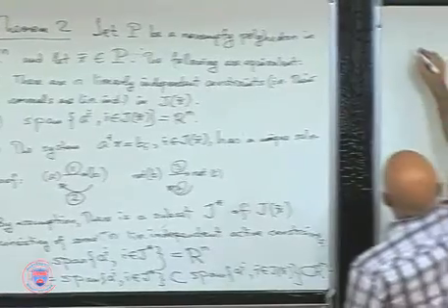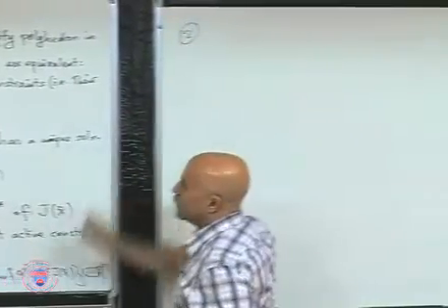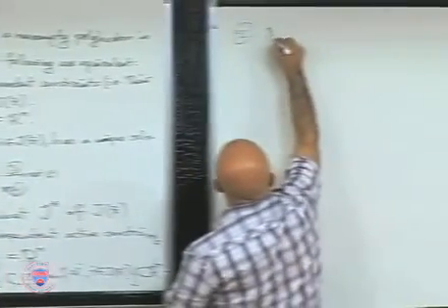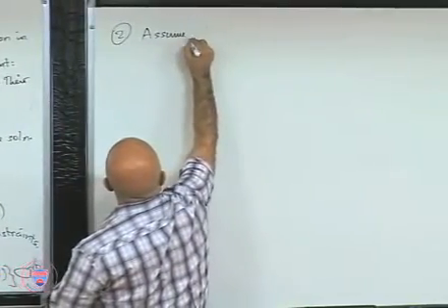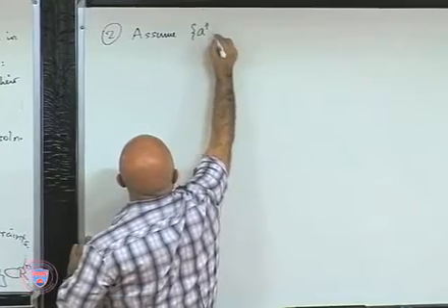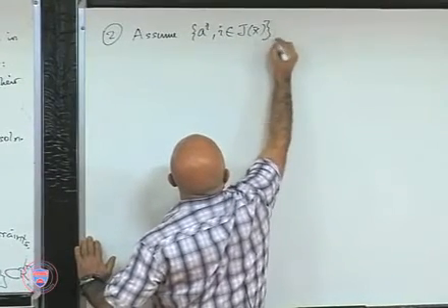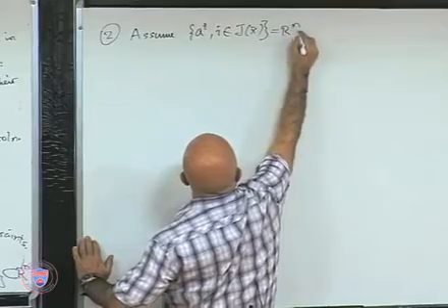Now the second proof. In the second one, we assume span of AI, I in JX is equal to Rn.